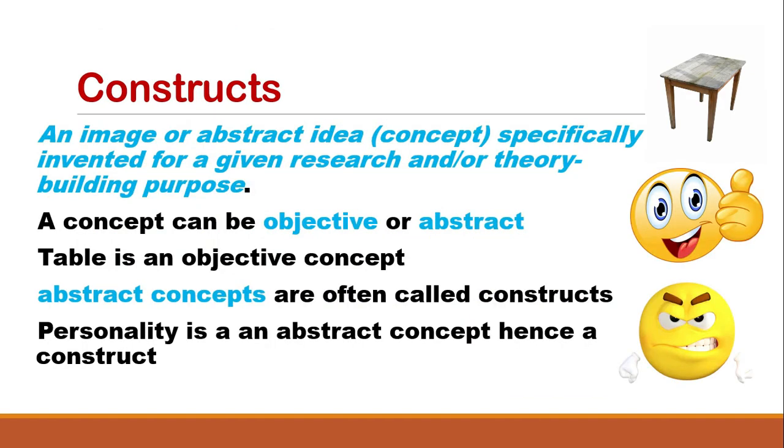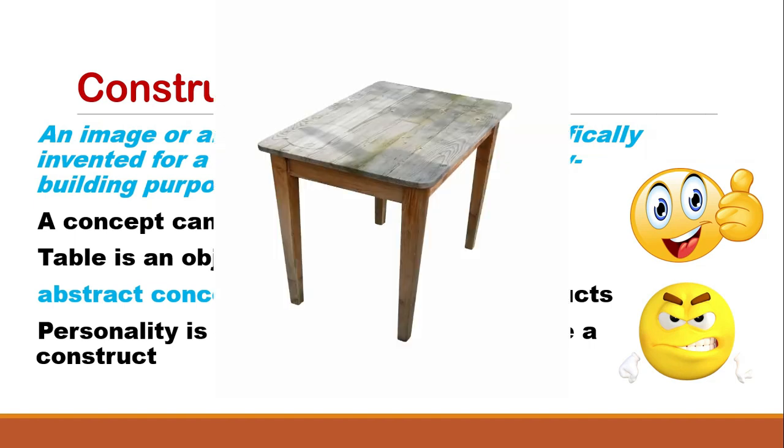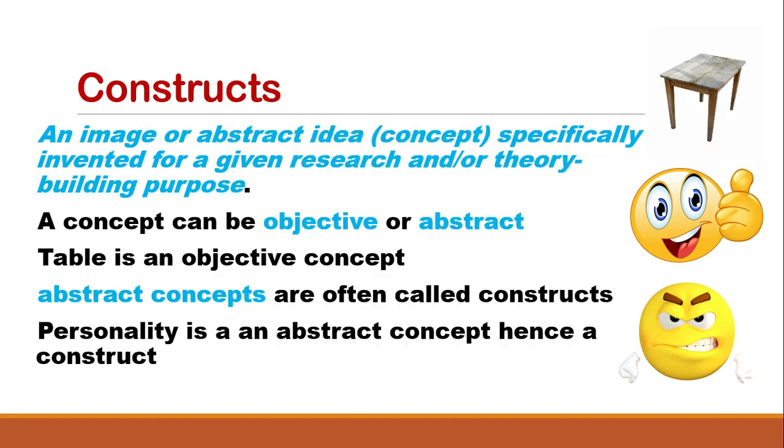A construct is defined as an image or abstract idea which is specifically invented for a given research or theory building purpose. So, it is the degree to which a concept does or does not have something objective to refer to, which means a concept can be objective, such as a table, which is a very objective concept because you can see it, it is in front of you, it is a tangible item, you have a visual of that item, or perhaps a concept can be abstract, and that abstract concept is called a construct.